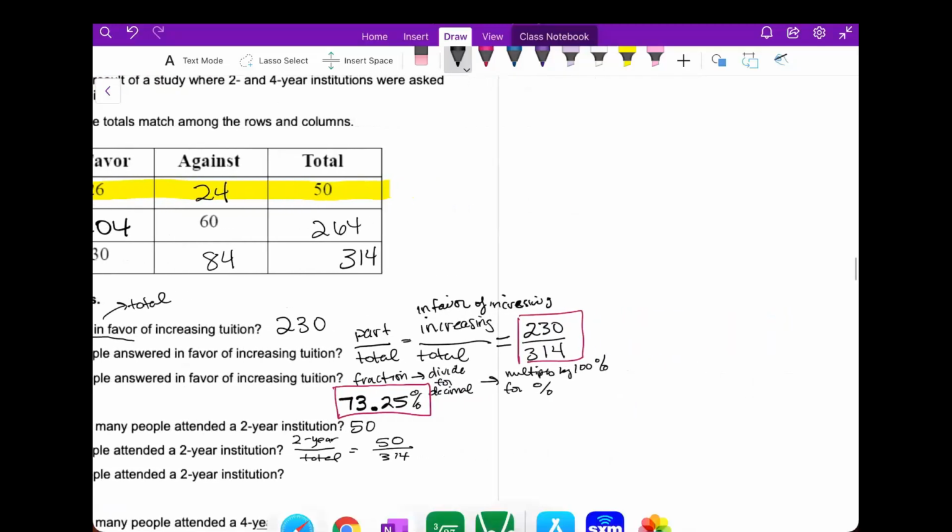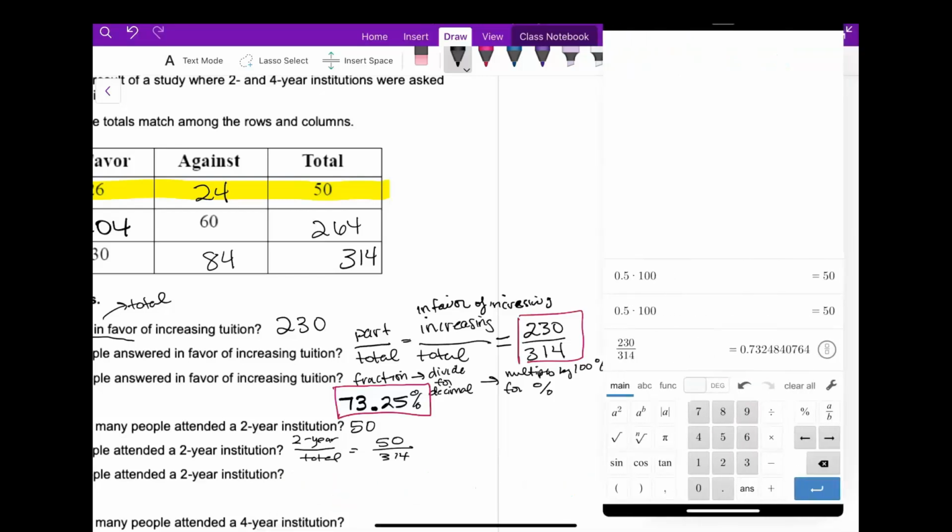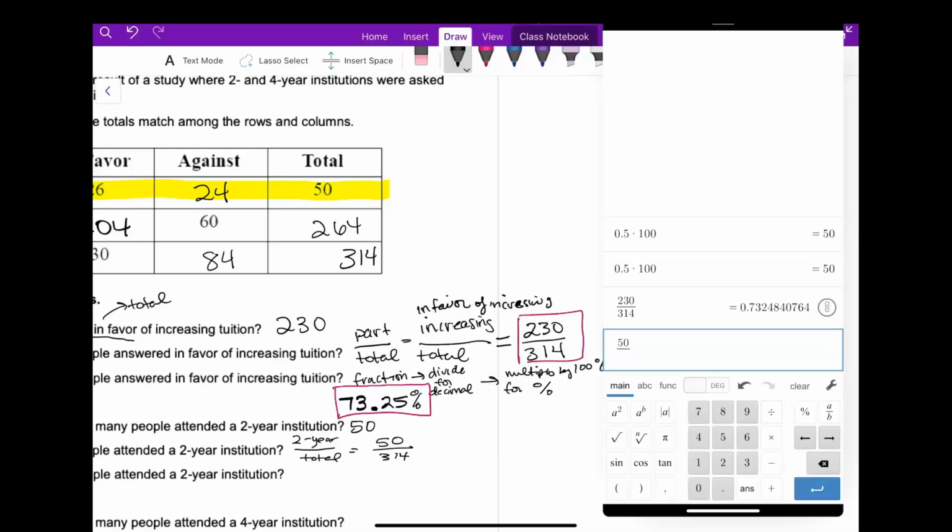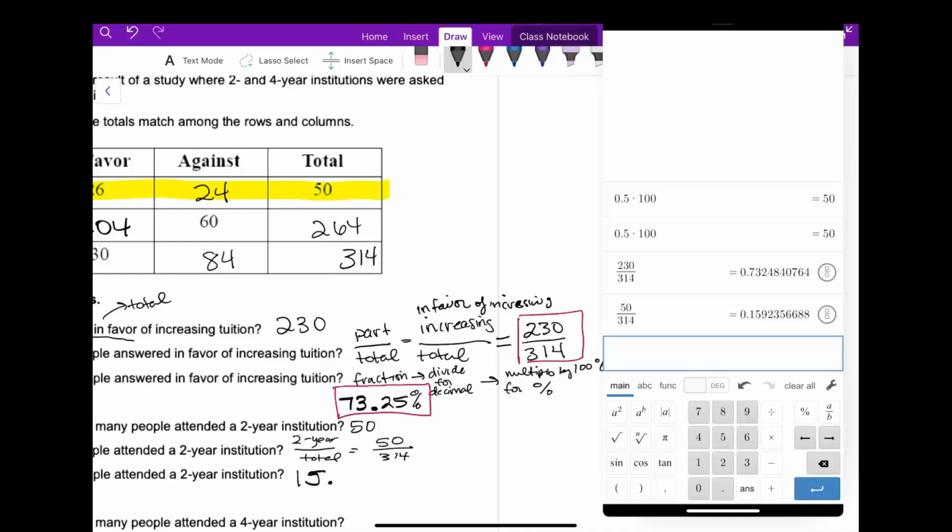So let's go ahead and take out our calculator and calculate this. So this is going to be 50 divided by 314. And so this is going to be approximately 15.92.